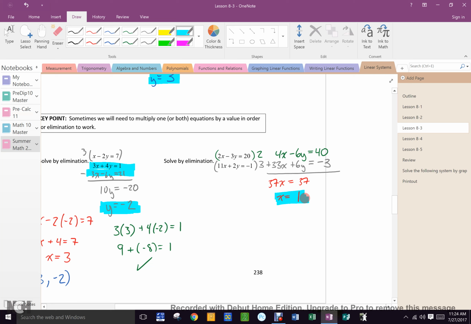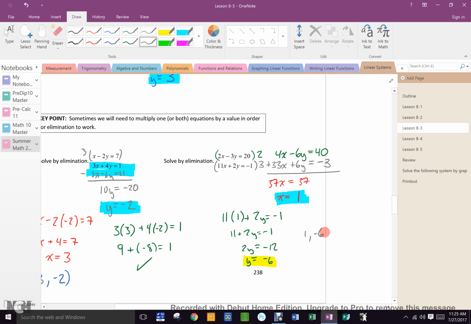I'm going to do the one that nobody wants to use, which is this one with the 11, because I want to. 11 times 1 plus 2y equals negative 1. 11 plus 2y equals negative 1. 2y equals negative 12. y equals negative 6. Do I have a possible ordered pair?